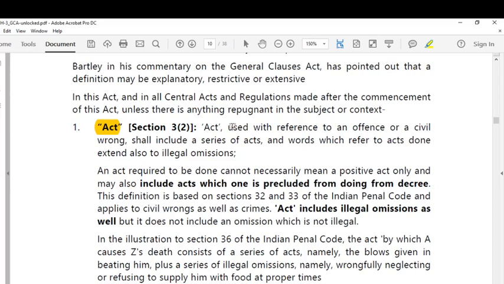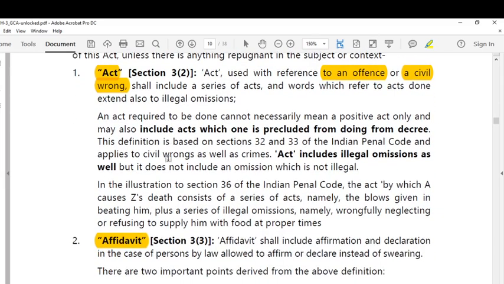Act used with reference to an offense or a civil wrong shall include a series of acts, and words which refer to acts done extend also to illegal omissions. The act required to be done cannot necessarily mean a positive act only, and may also include acts which one is precluded from doing by decree.